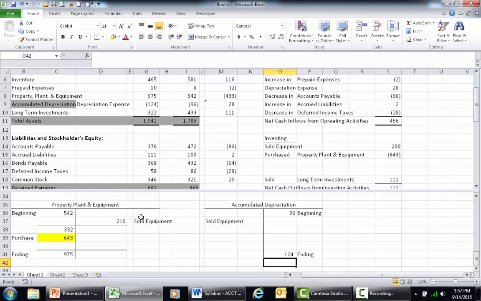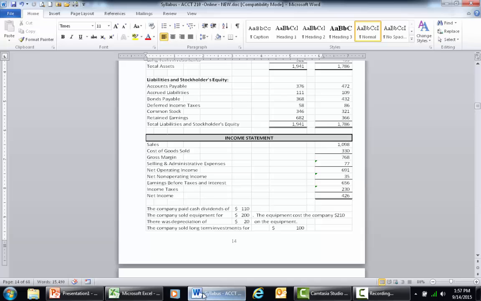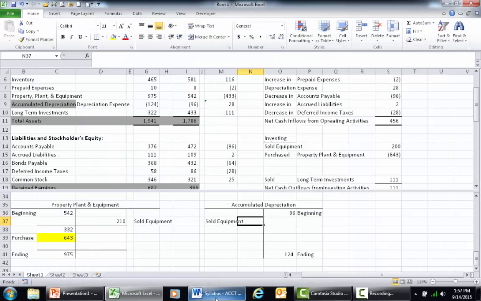And remember, I said when we sell something, we take off not only the piece of equipment that we sold, but anything associated with it, which would be the accumulated depreciation. Our problem says that that was $20 right there. So I'm going to put 20 in here in my debit column. And I'm going to black this out for just a second.